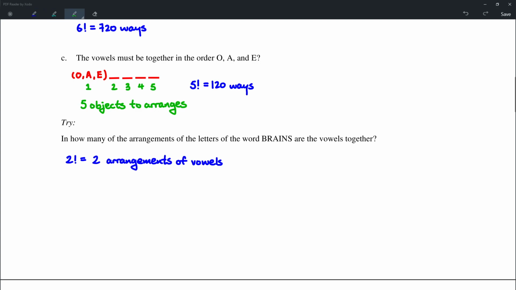So for the second part of the question, we have 4 consonants plus the group, and that gives us 5 objects to arrange. Which means we have 5 factorial, which is 120 arrangements.